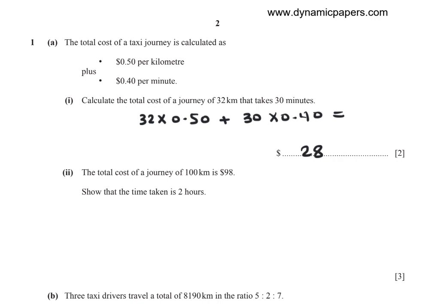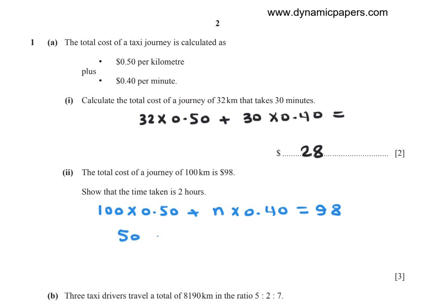Part (b)(i): the total cost of a journey of 100 kilometers is $98. Show that the time taken is 2 hours. So the cost is 100 times 0.50 plus, considering the number of minutes n, n times 0.40 equals 98, and now solve for n.